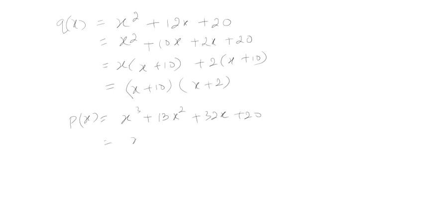So that equals x plus 1 was the first factor, x plus 2 and x plus 10. So that gives you the total answer. Answer means the factors, right? So that is the question. Okay, doubt if you have, you can ask me.